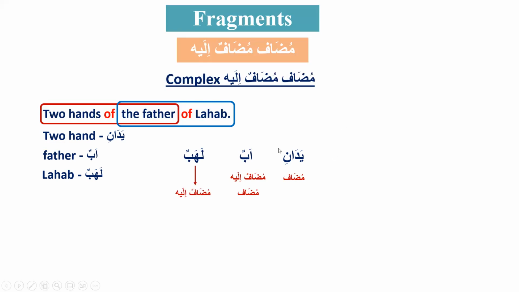Now we have to make necessary changes to make Yadani mudaf, Abun mudaf ilayh and mudaf at the same time, and Lahabun mudaf ilayh. Go ahead. For mudaf, it will be yada. Yadani as mudaf, so remove the noon. So what will it be, yada?